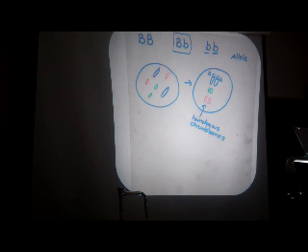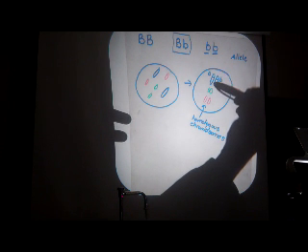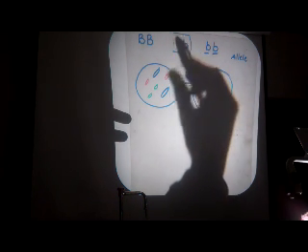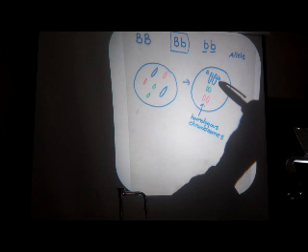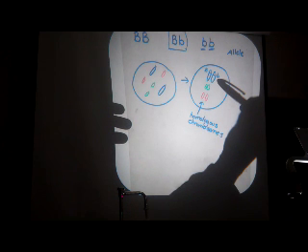Homologous chromosomes are chromosomes that basically code for the same traits, but they could have alternate forms of those genes. This big blue chromosome contains the information for that particular trait.